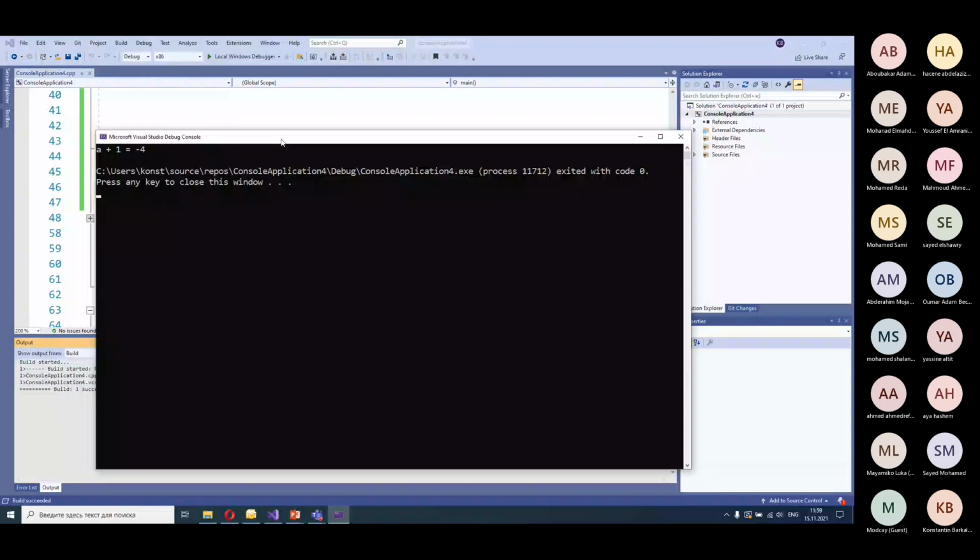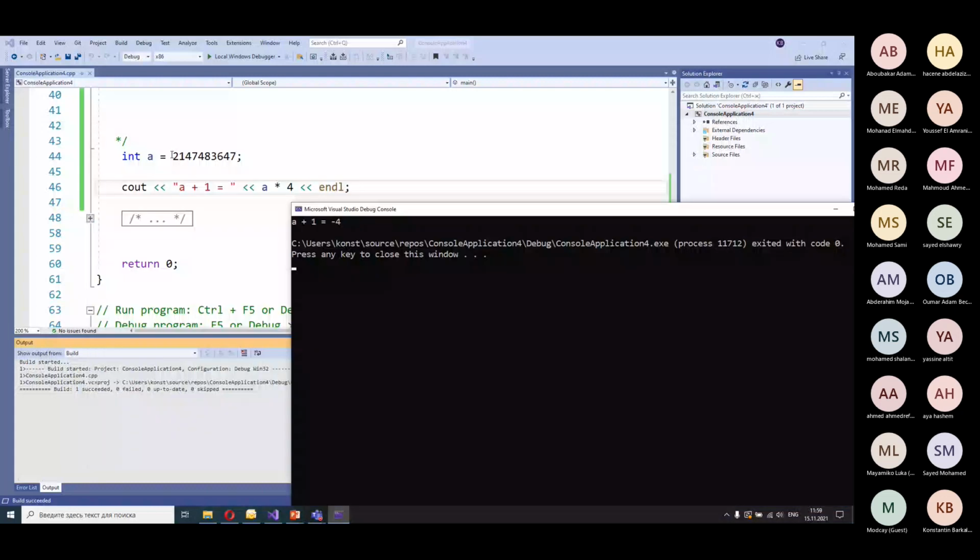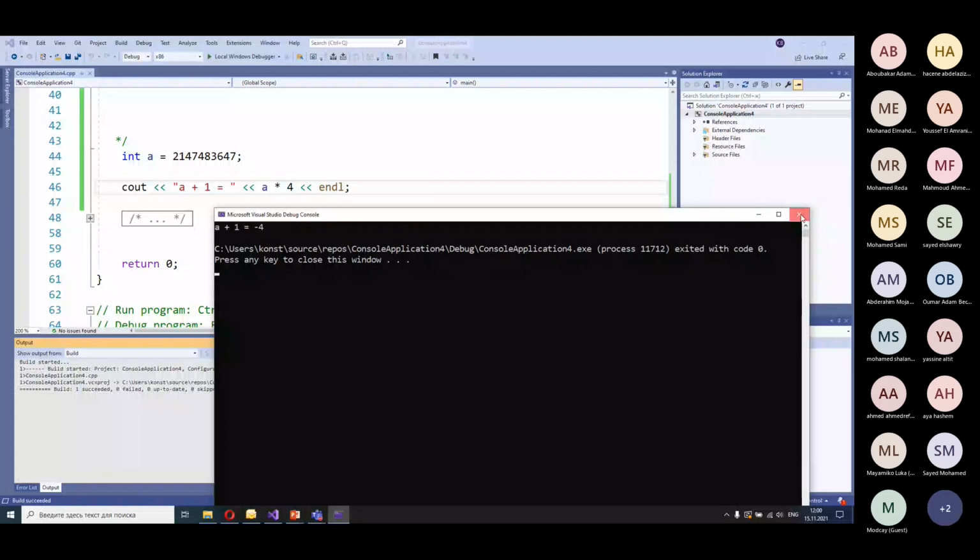Yes, the result can be completely unpredictable. You take a very large number, apply multiplication 8 times 4, and you get some strange result. This situation again is called overflow, and sometimes it happens in programs.